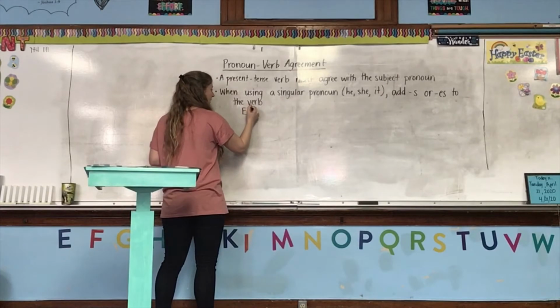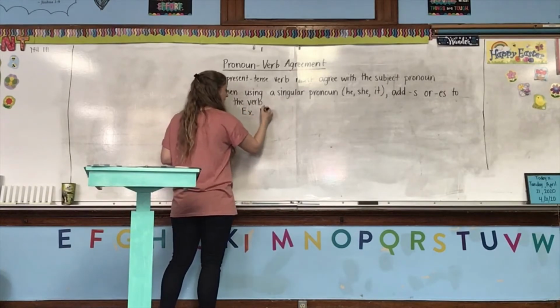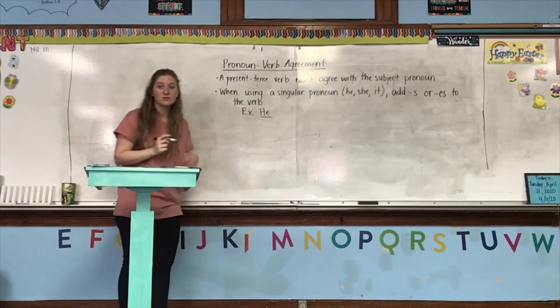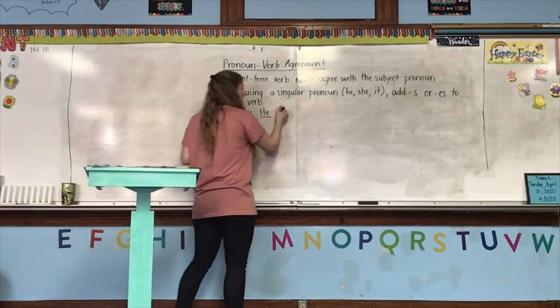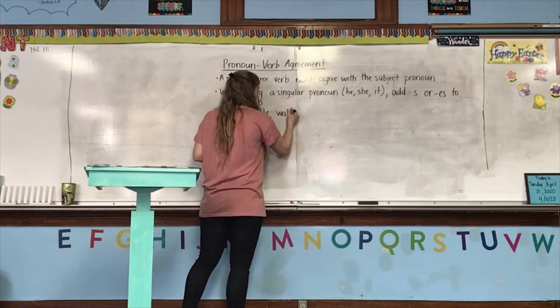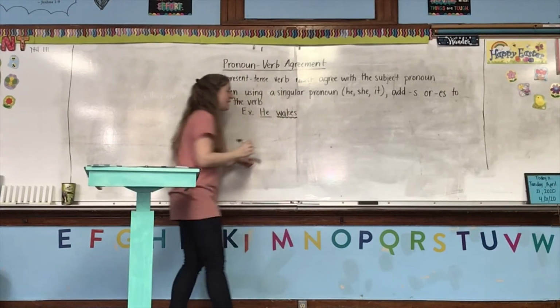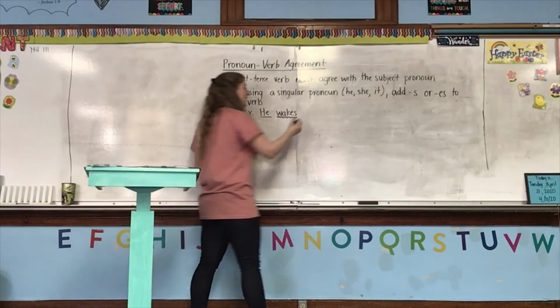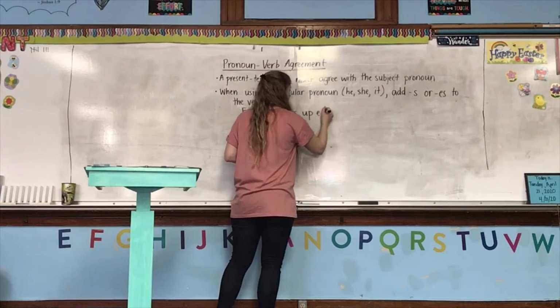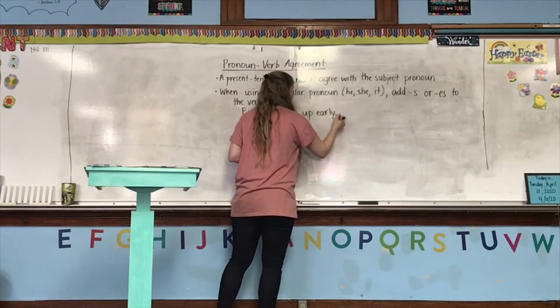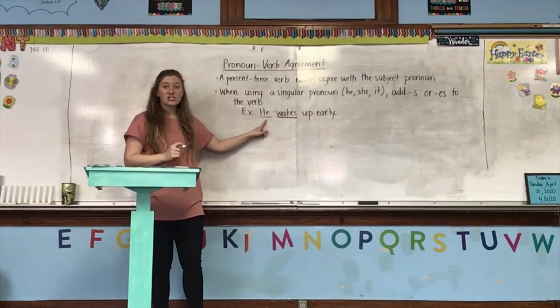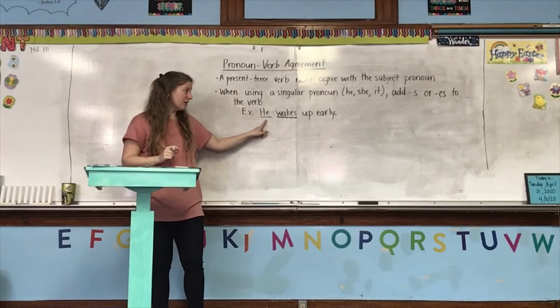For example, he, that's our subject pronoun, that's who's doing the action, wakes. We have our verb. He wakes up early. We have our subject pronoun he, it is singular.